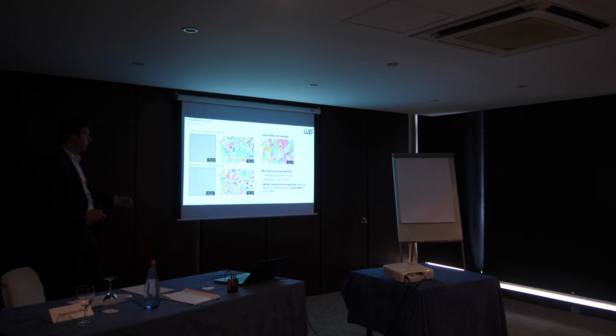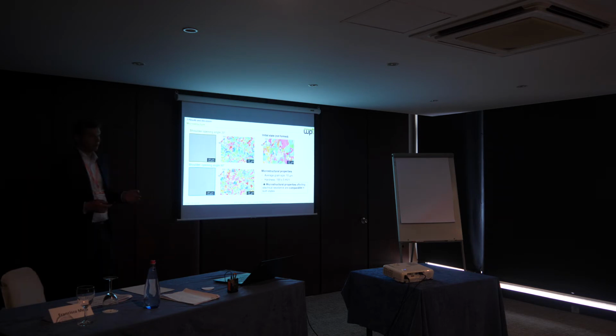And also I did some EBSD scans for 30 degrees, 90 degrees, and also for the initial state, shown over here. And we can see that the average grain size is reduced by a factor of almost 2. And we see that there's no big difference between the shoulder opening angles of 30 and 90 degrees.